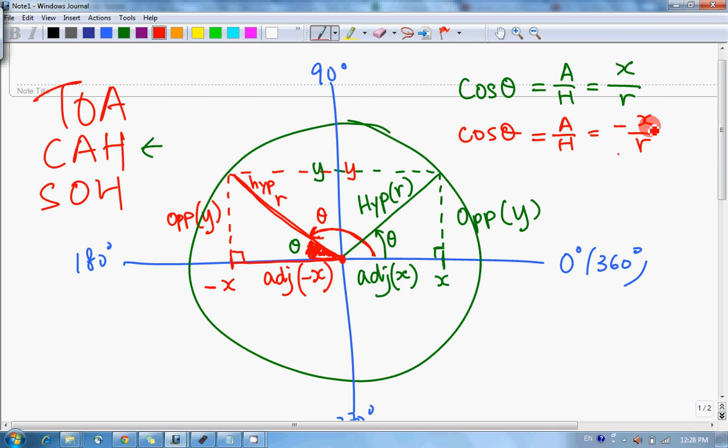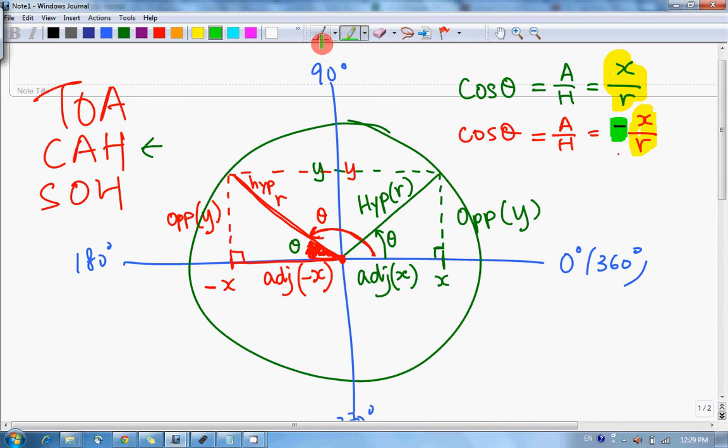So now can you notice the green cosine theta and the red cosine theta actually have the same value, X over R. However, what is different? There's a minus sign here.